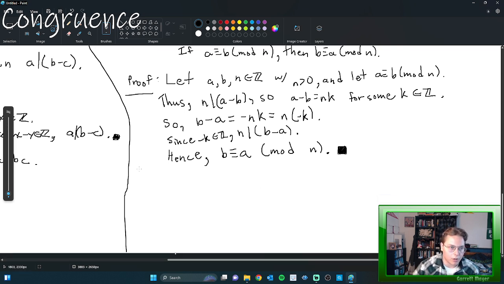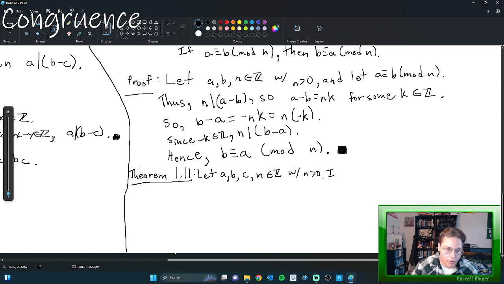And then finally, we're going to go over the last theorem, which is transitivity. This is: let A, B, C, and n be integers with n greater than 0. If A is congruent to B mod n and B is congruent to C mod n, then A is congruent to C mod n.